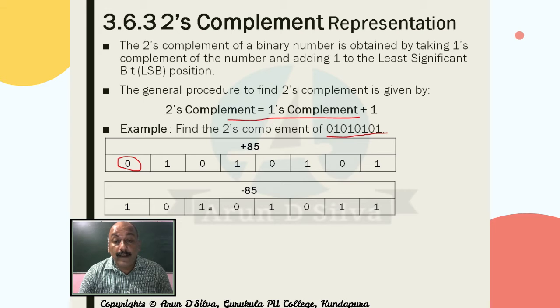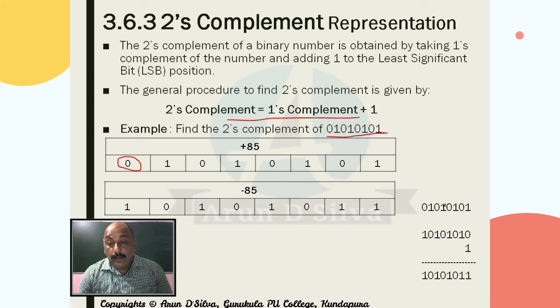Now how did I get this? See here, this is the given number. Now I have taken the 1's complement here. What I did is I just flipped: 1 becomes 0, 0 to 1, 1 to 0, 0 to 1, 1 to 0, 0 to 1, 1 to 0, 0 to 1. Right?